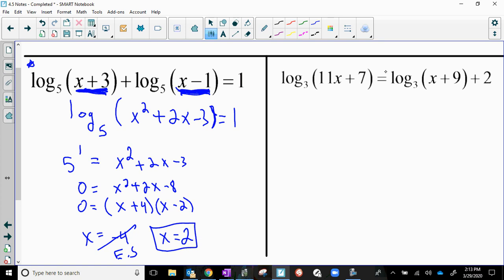All right. Looking at the other one, the problem right now is I can't condense because the logarithms are not on the same side of the equal. So I'm going to have to subtract that logarithm to move it over. These problems will definitely be on the test.